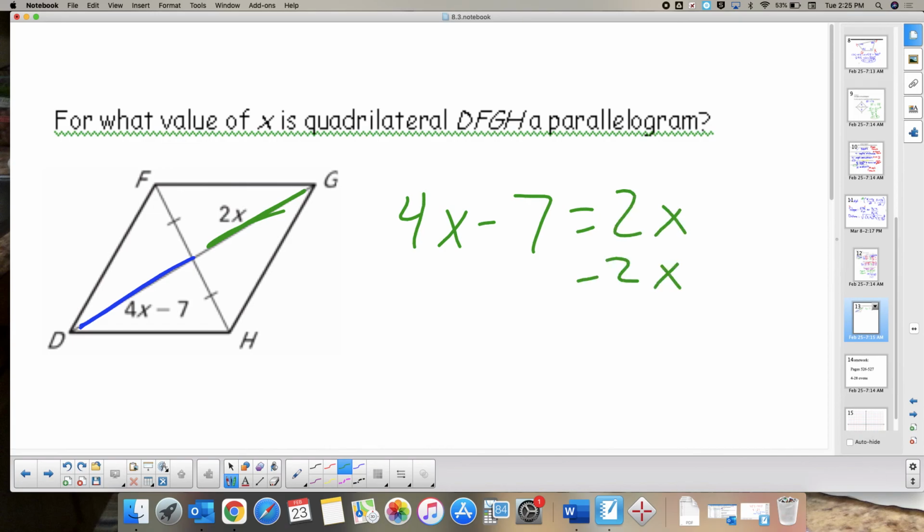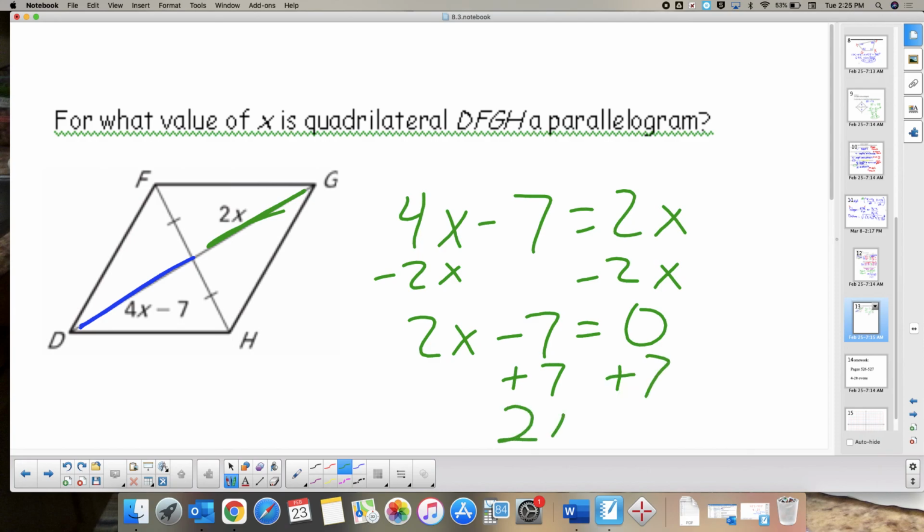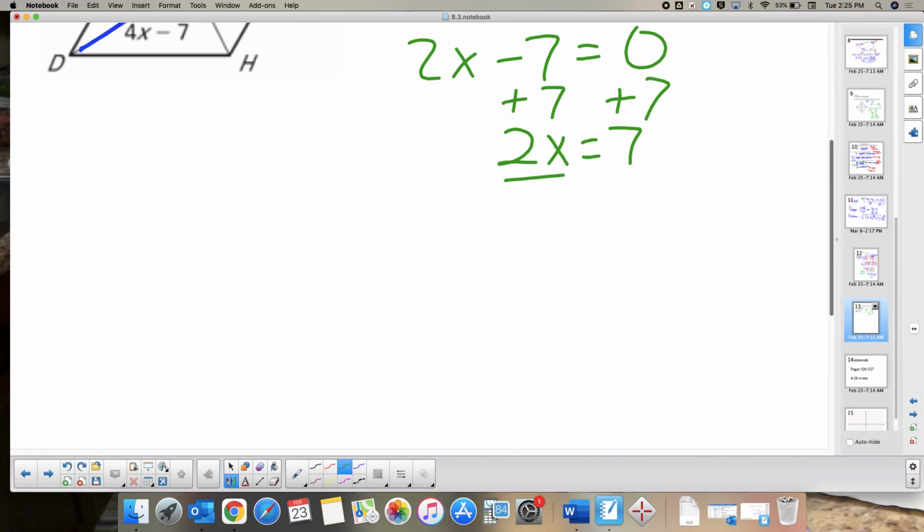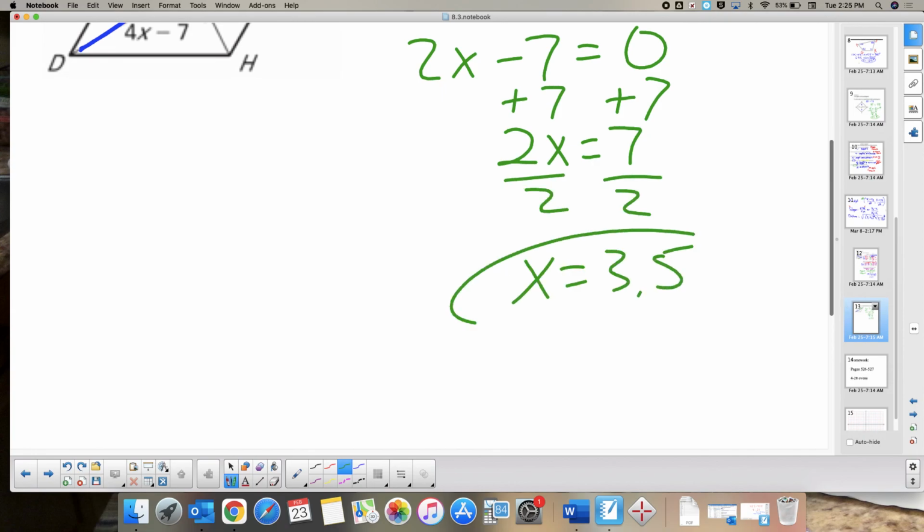So we'll subtract 2x from both sides. We have 2x minus 7 equals 0. We'll add 7 to both sides, so 2x equals 7. And then we divide both sides by 2. So x equals 3.5.